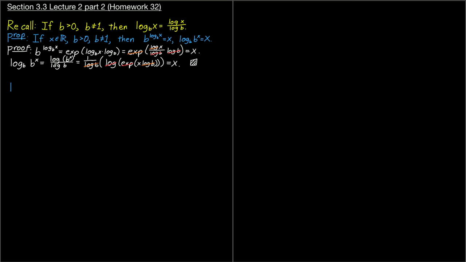And then the following proposition tells us that logarithms to the base b have all the properties we think they ought to have. So let b, x, and y all be positive numbers. b is not allowed to equal 1.